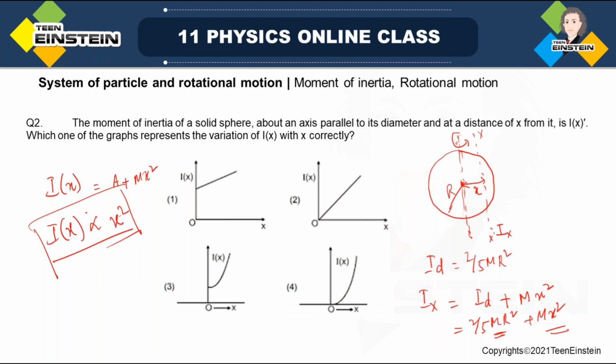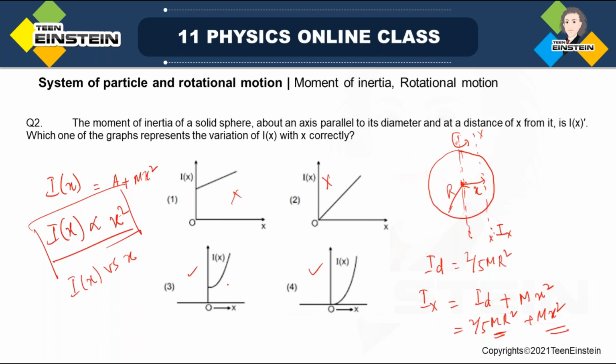If I draw Ix versus x, that will be a parabola. So there are two options here: one parabola and here another parabola. So options 1 and 2 are discarded because the graph has to be a parabolic graph. Okay, so that's the reason.